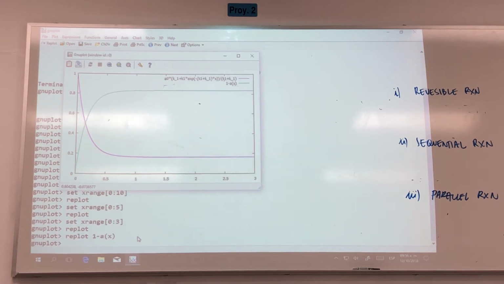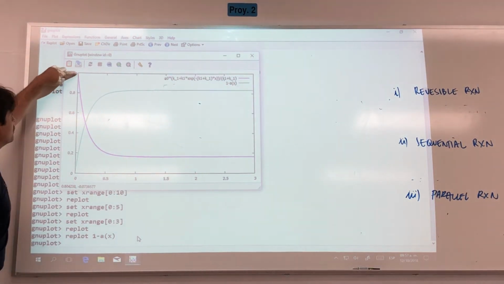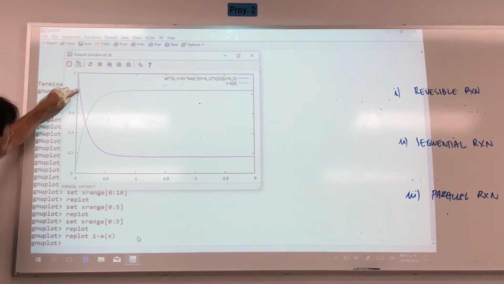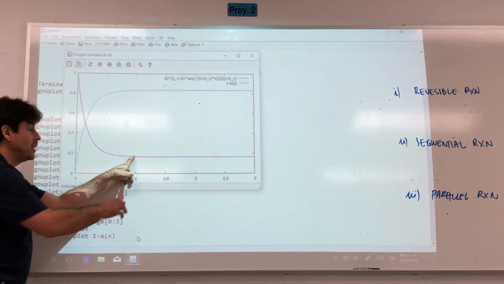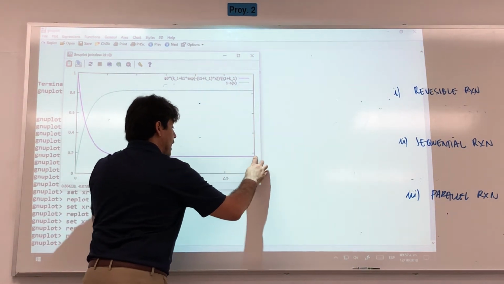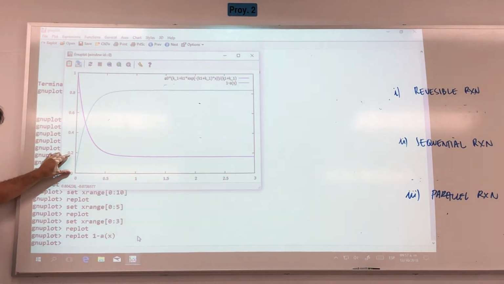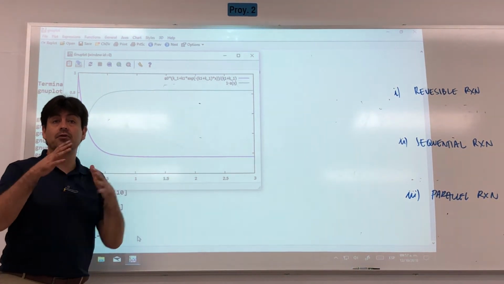So these will be the concentrations of A and B. You see the initial concentration is 1 and it's going very fast and then reaching a point at which the concentration is not changing anymore. The concentration here is almost 0.2. Meanwhile, the concentration of B is going to almost 0.8.